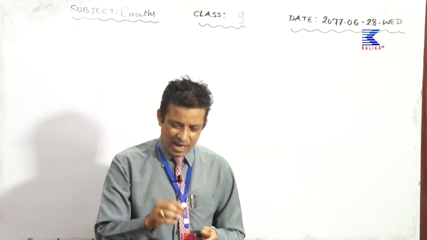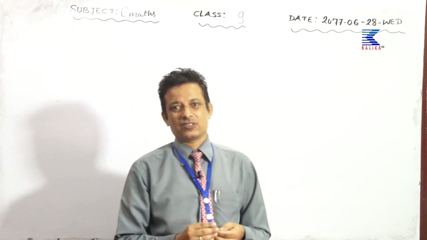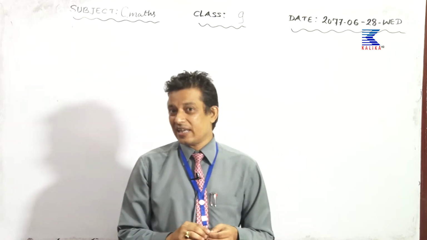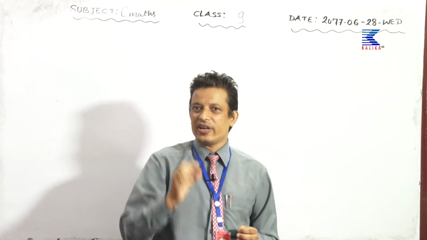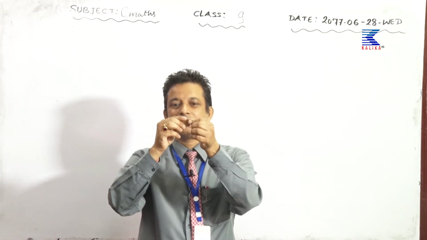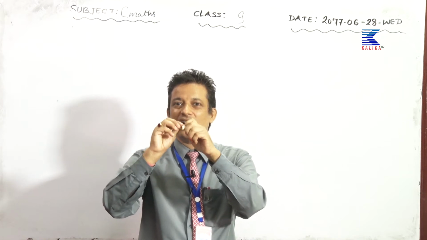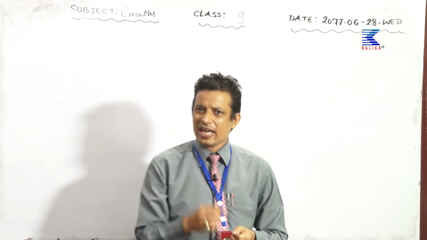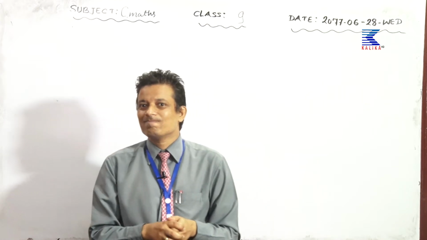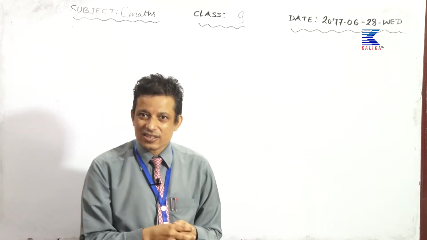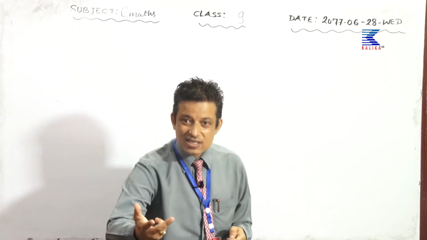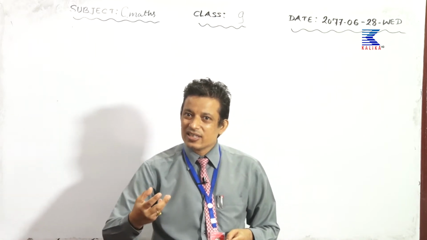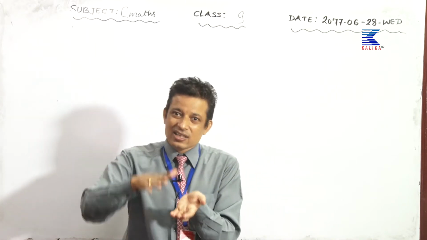So, regarding this sort of activity, one thing you should be clear about is that when we toss a coin, there will be two options, either tail or head. Similarly, have you played Ludo? There we roll a dice, and when we roll a dice, some number appears on the top surface.